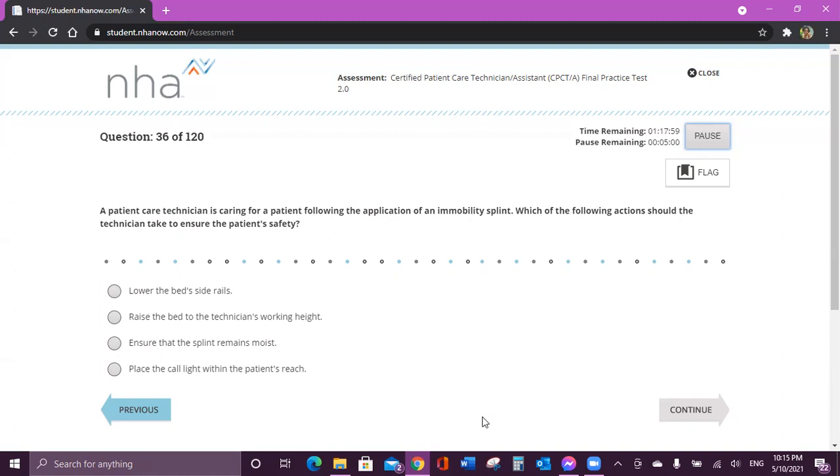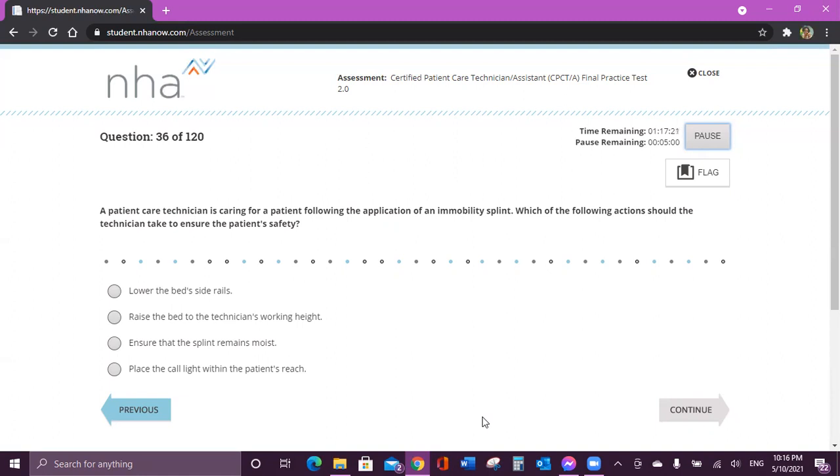A patient care technician is caring for a patient following the application of an immobilization splint. Which of the following actions should the technician take to ensure the patient's safety? Lower the bed side rail, raise the bed to the technician's work height, ensure that the splint remains smooth, place the call light within the patient's reach for the patient's safety.